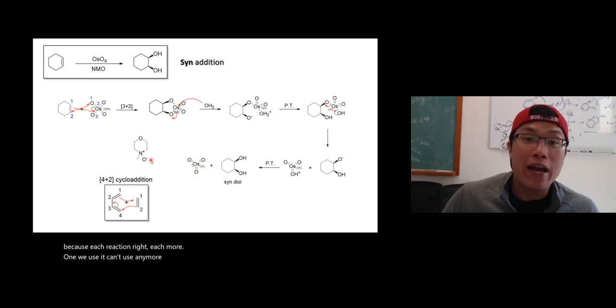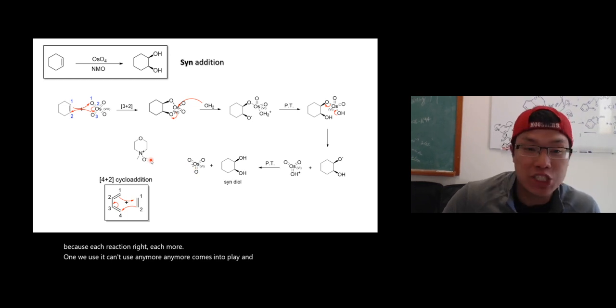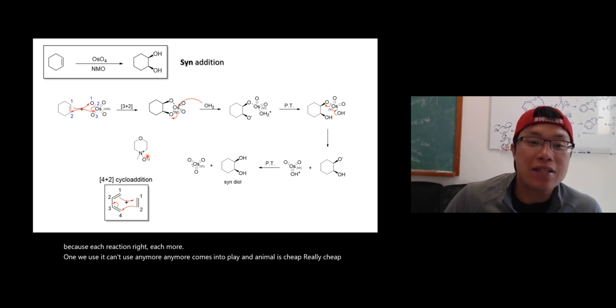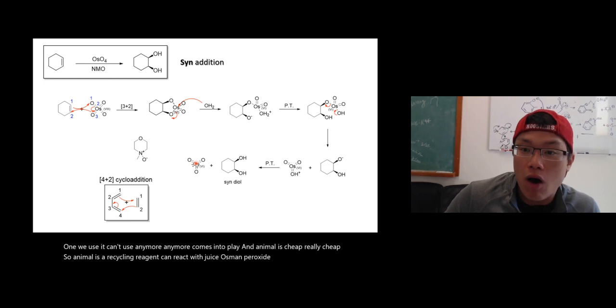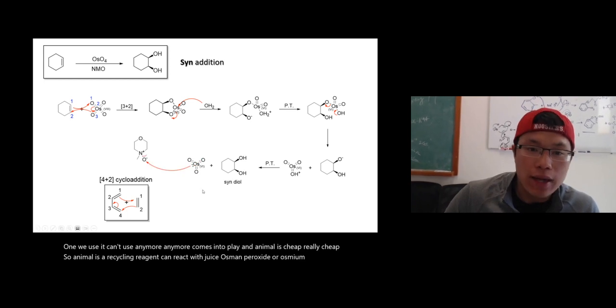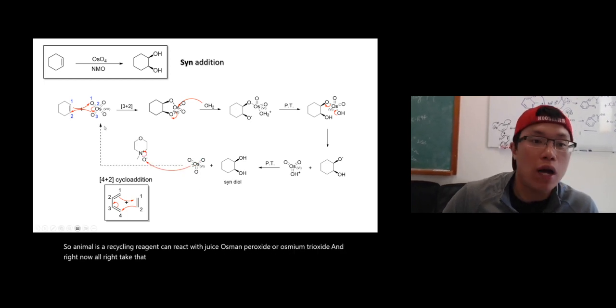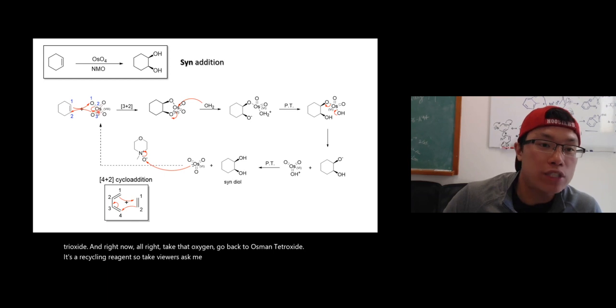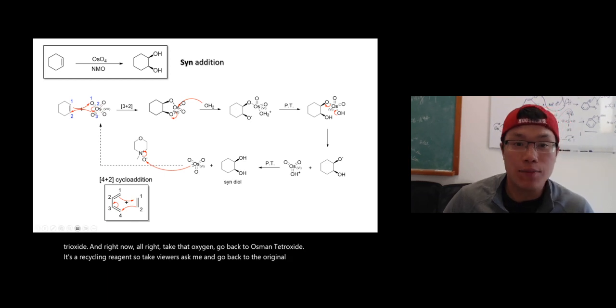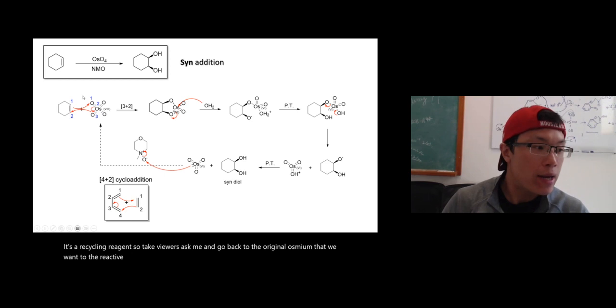NMO comes into play, and NMO is really cheap. NMO is a recycling reagent that can react with the used osmium trioxide, take that oxygen, and go back to osmium tetroxide, the original reactive osmium that we want to use.